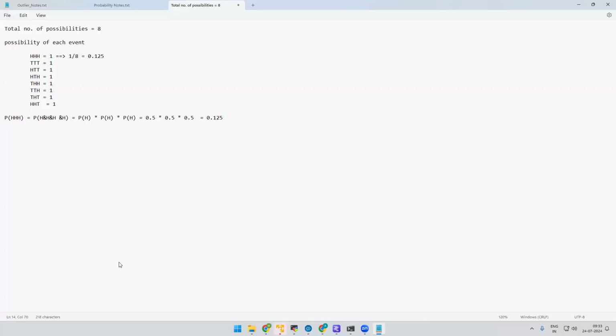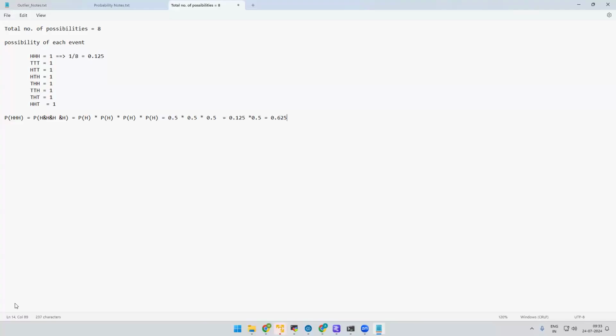For 4 coins, we multiply 0.125 by 0.5. So I'm trying to extend it. Then it's going to be half of 0.125, right?